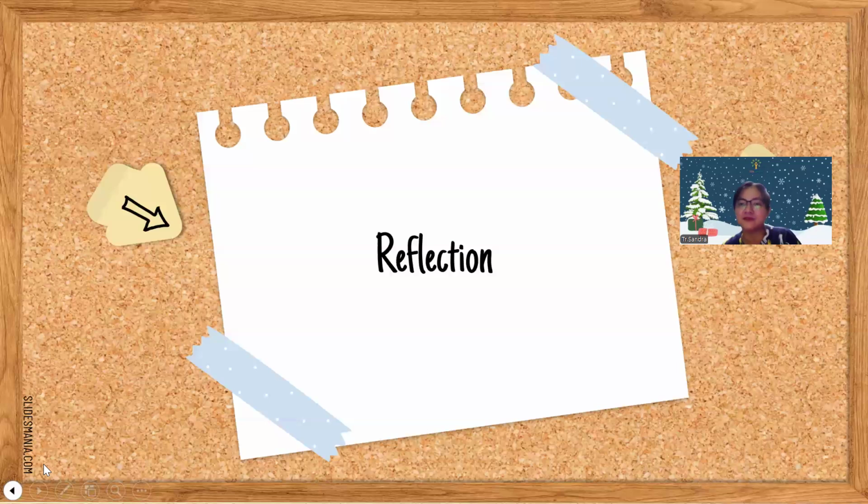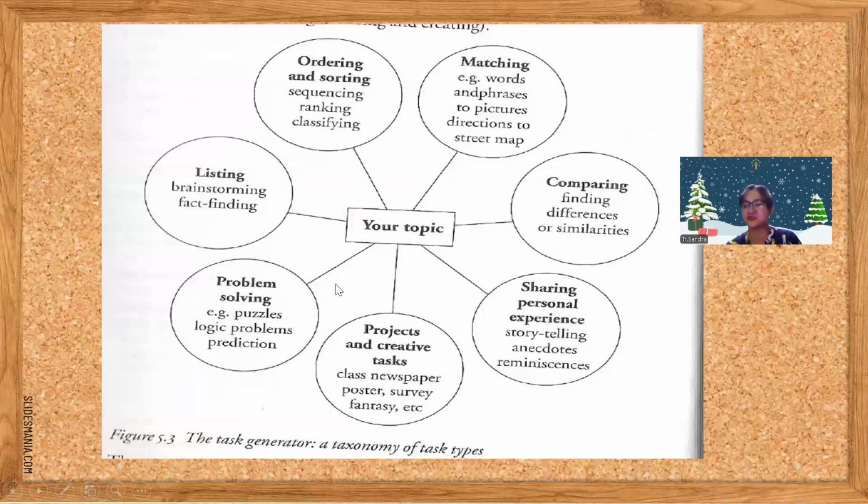Because we carried out planning an ID vacation. What kind of task generator can we use in order to adapt it? Feel free to share your idea, teachers. How can we add? Listing.